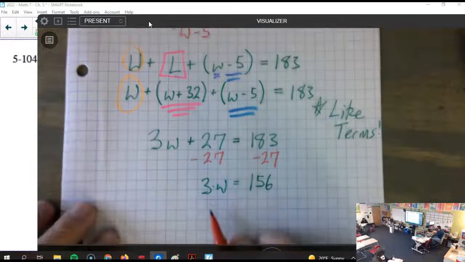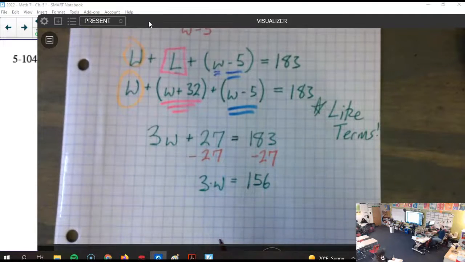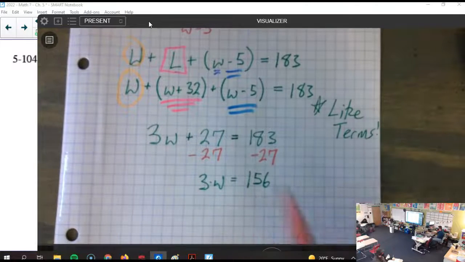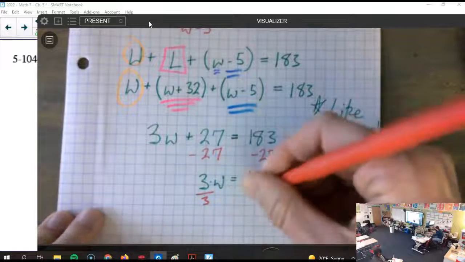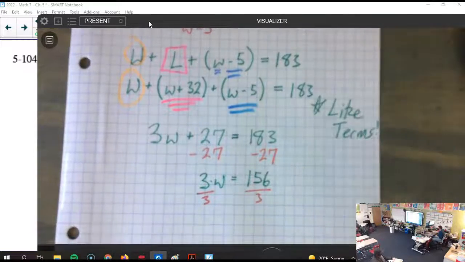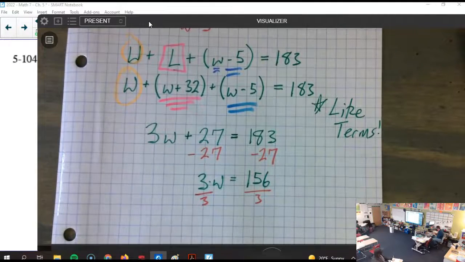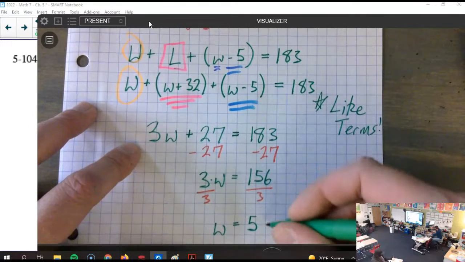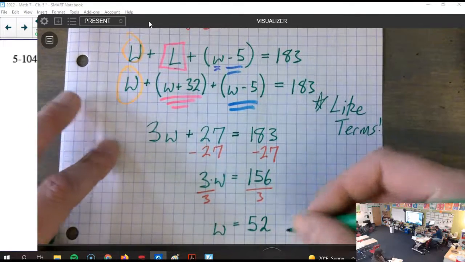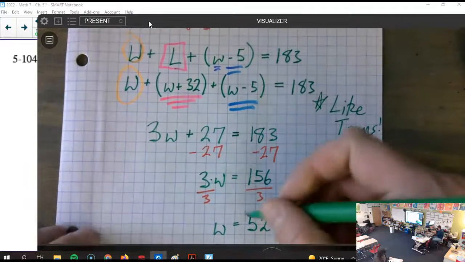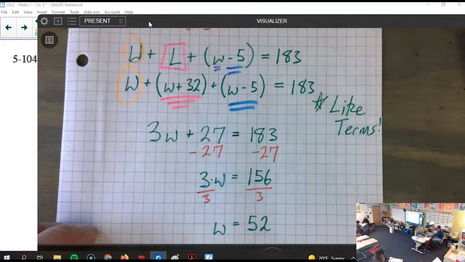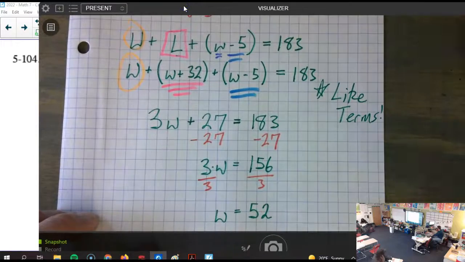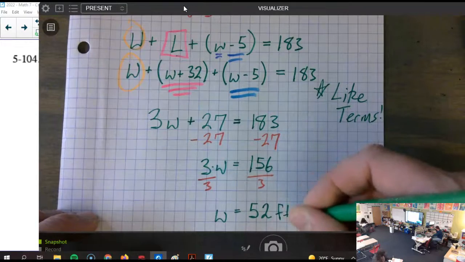So since I don't know what multiplies by 3 to make 156, we divide by 3 over here and divide by 3 over there. 156 divided by 3 tells us the width of this fence. Careful, 52. And then I believe they're measuring in feet, because we are America and we love our system of feet and inches.